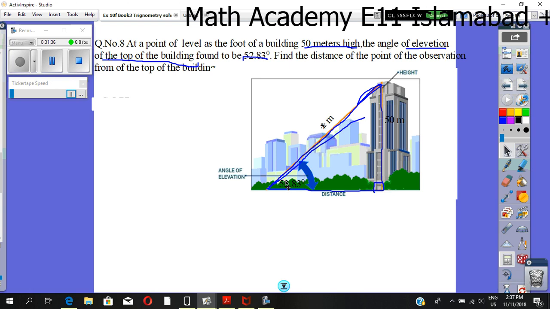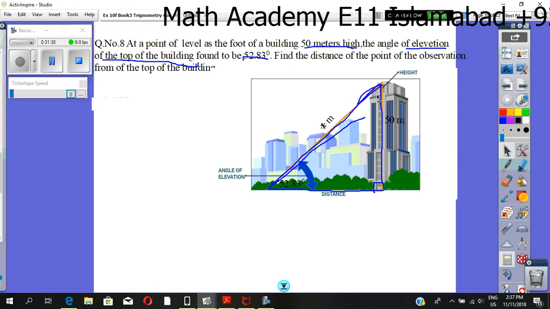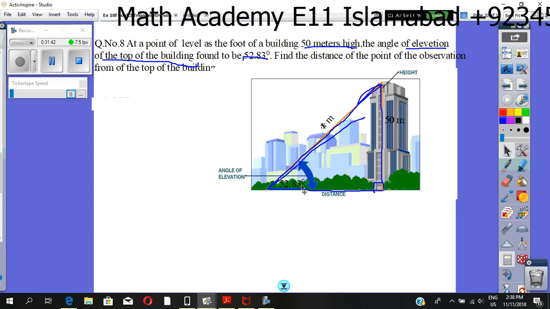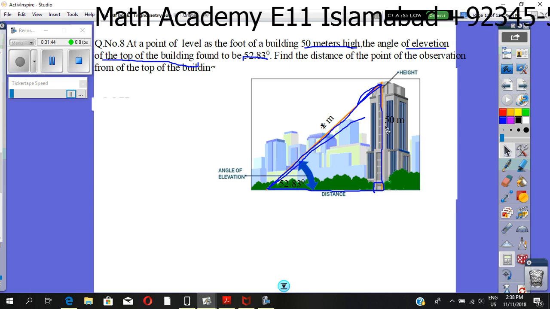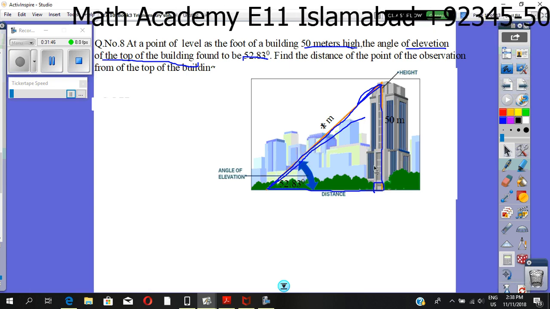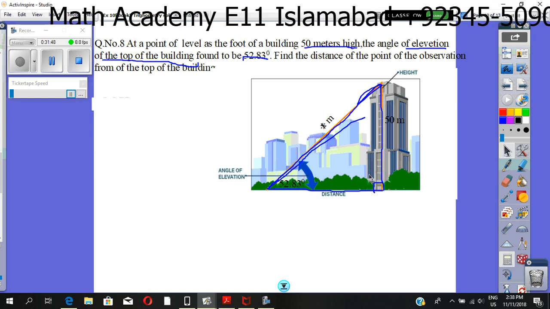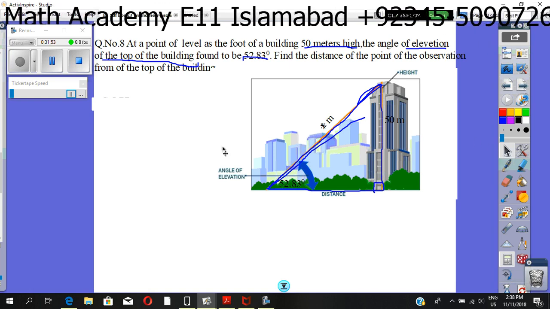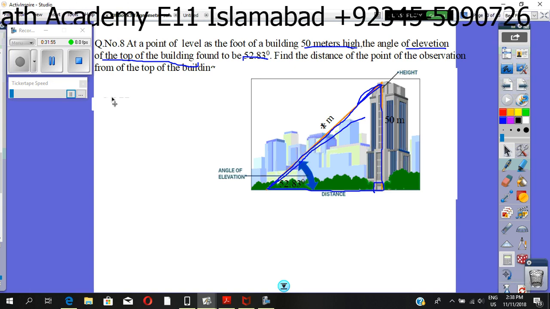Here we're supposed to find the hypotenuse. One side is the opposite, which is 50, and the other side is the hypotenuse, which is unknown. Think about which trigonometric ratio we apply.